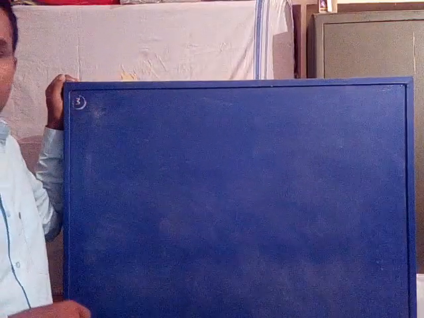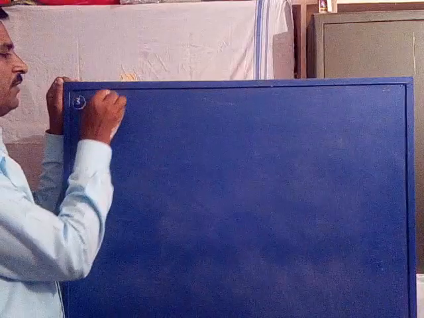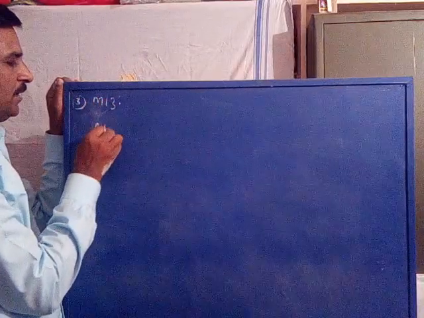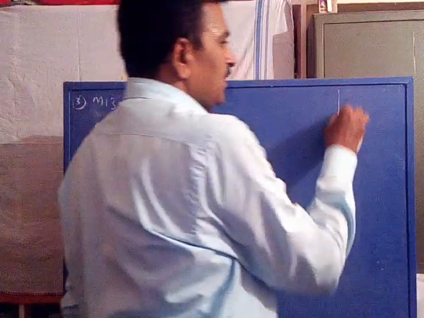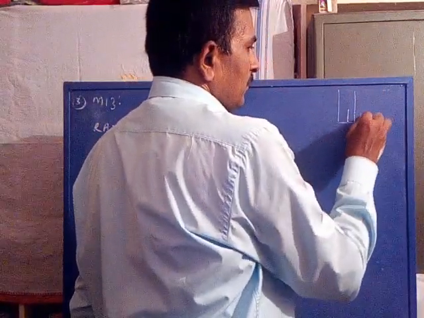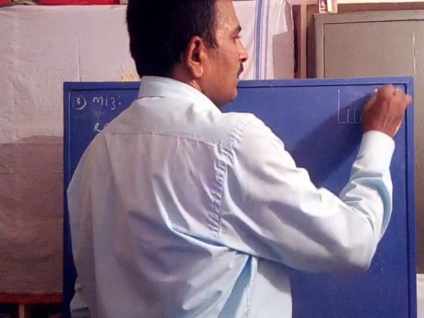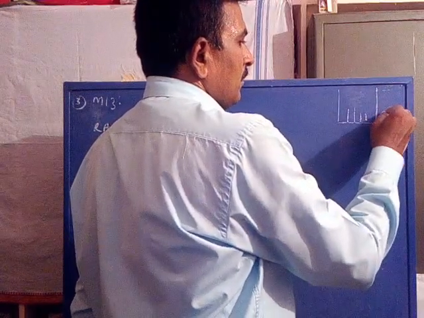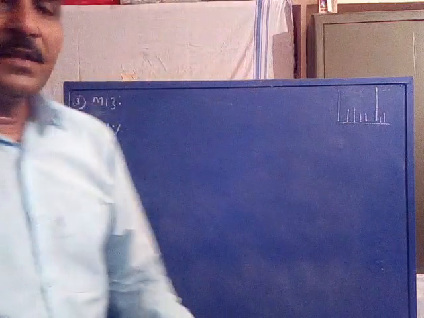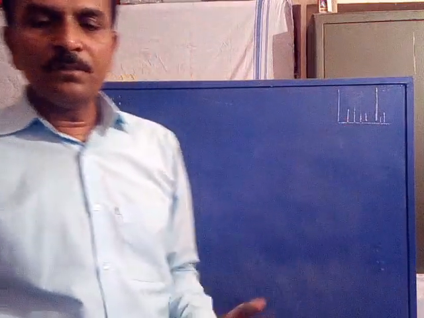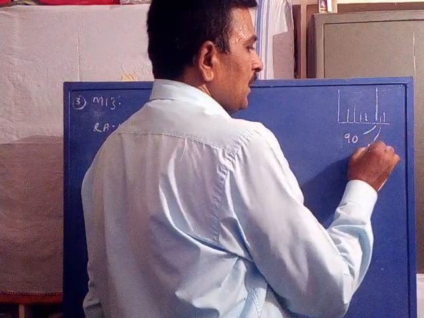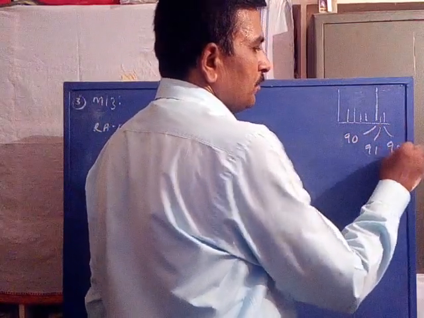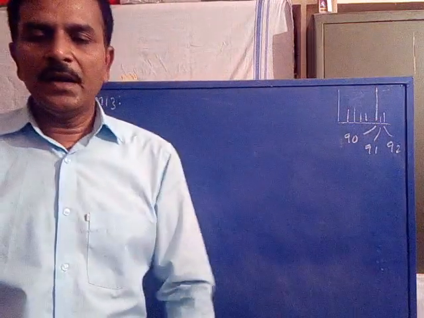Now coming to the third example. The m/z values and relative abundance percentages. Now in the mass spectrum, a series of signals, for example, this is the mass spectrum of one example: a series of signals, say 90, 91 and 92.